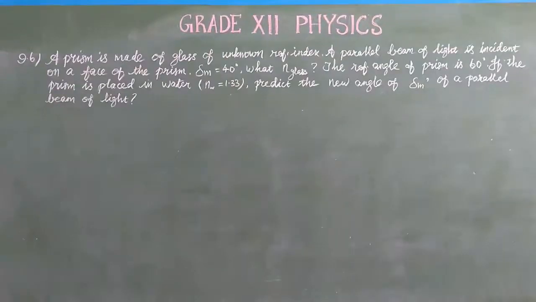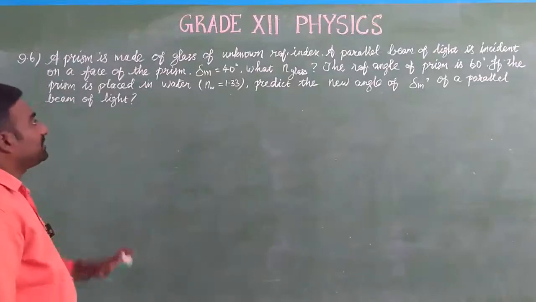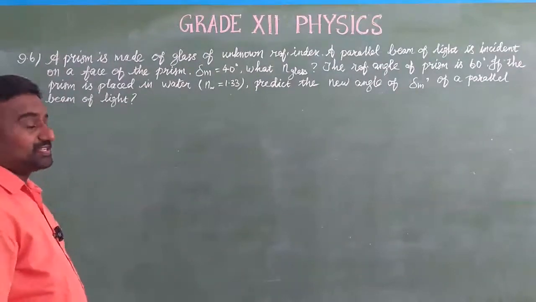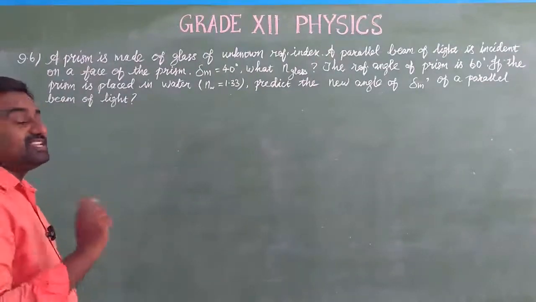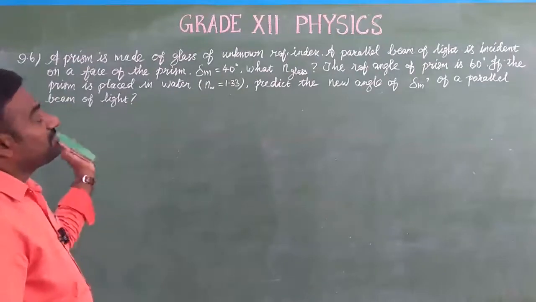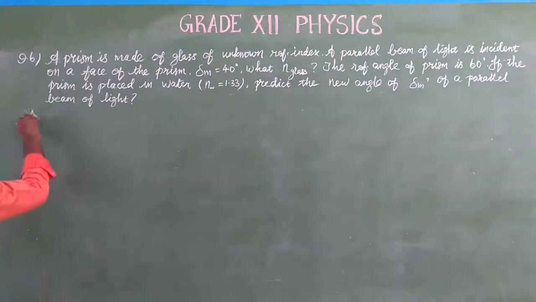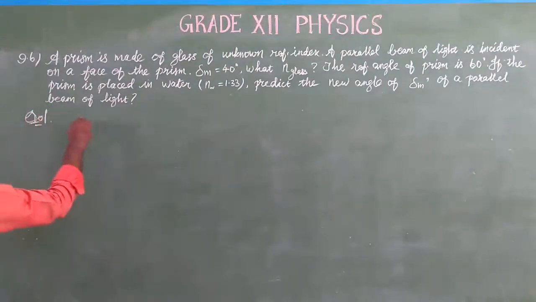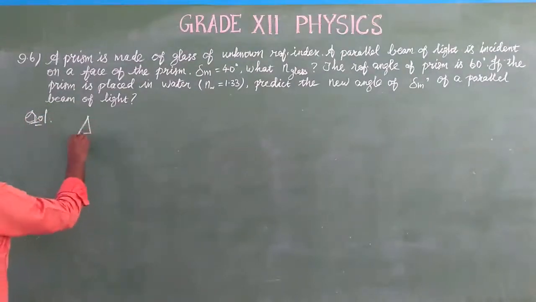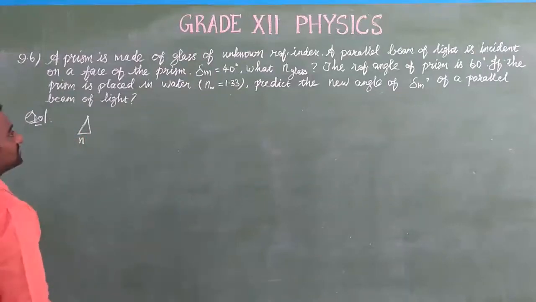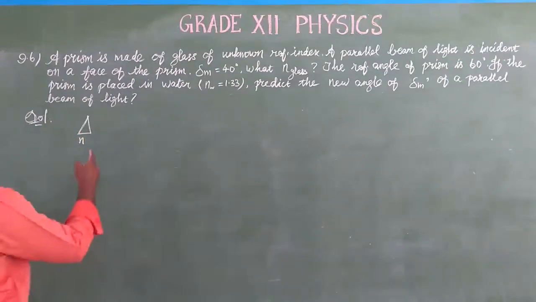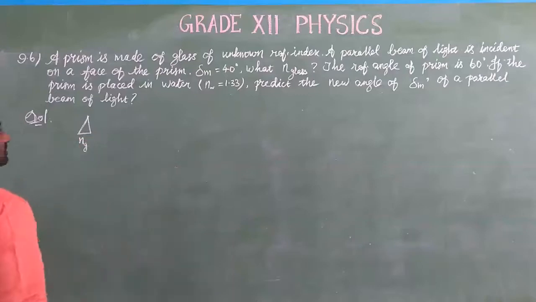Next, moving to question number 6. Look at the question. A prism is made up of glass of unknown refractive index. We don't know the refractive index, but the material is glass, that we are sure.